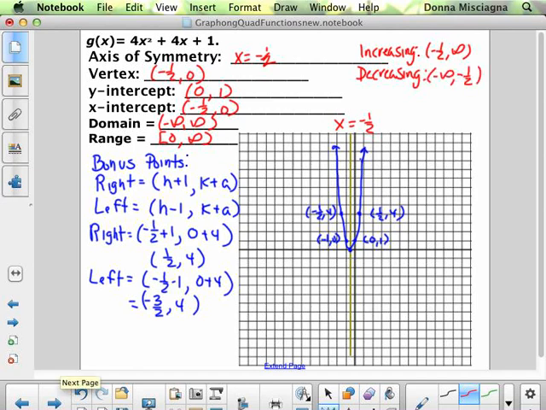And then the end behavior, I'm going to write over here. Hopefully you can read it. F of x, both ends are up in the air like he just doesn't care. F of x approaches infinity as x approaches negative infinity, and f of x approaches infinity as x approaches infinity.